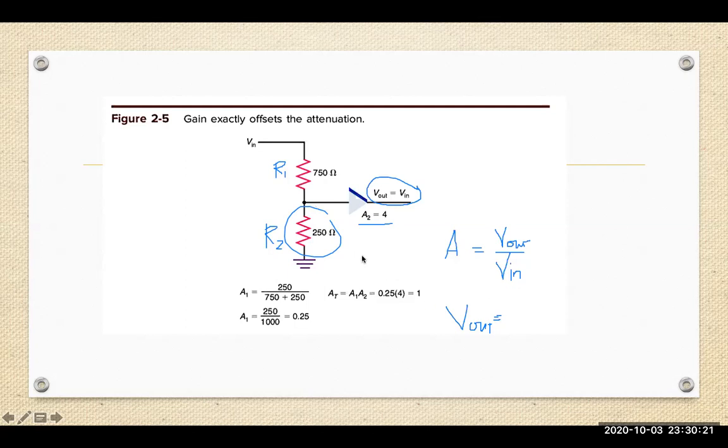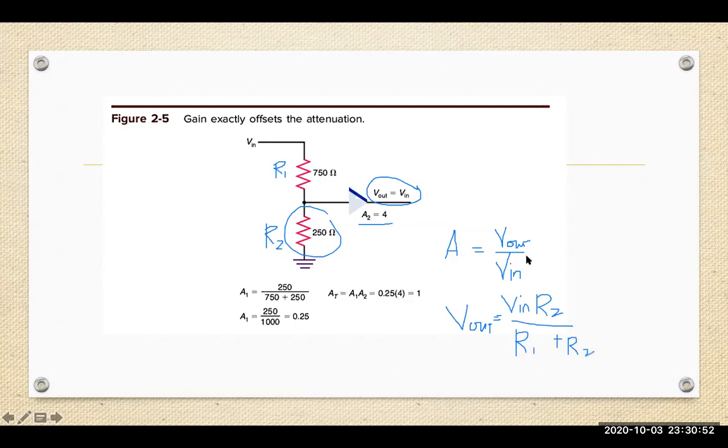So in the voltage divider, we have the input voltage, V in, times the resistance R2 over the total resistance, or basically you just add them, R1 plus R2.